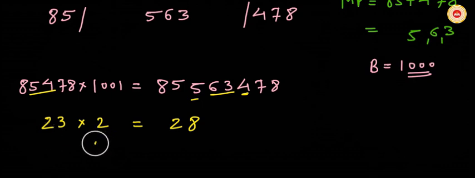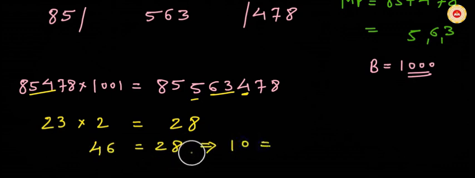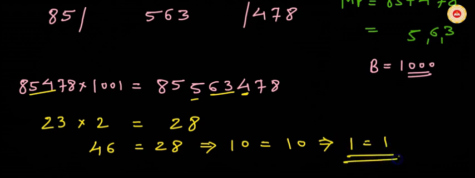Right? 23 2s are 46. 28, which gives us 4 plus 6, 10, and 2 plus 8, 10. Again 2 digits. So again add these 2 digits and get single digit. 1 plus 0, 1. 1 plus 0, 1. 2 sides are tallied and we are correct.